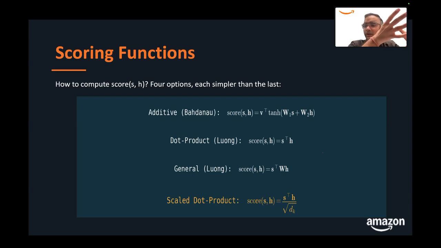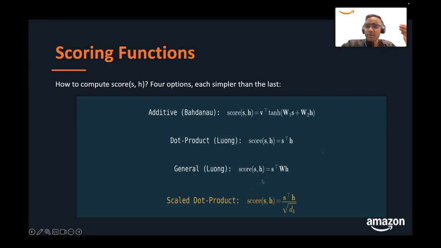Over here, we would need zero additional parameters. In additive attention, we needed W1, W2, and V. Over here, we would not need any parameters. This is an advantage of this method. They can have different names, but they are just different mathematical functions replacing that score of S comma H.